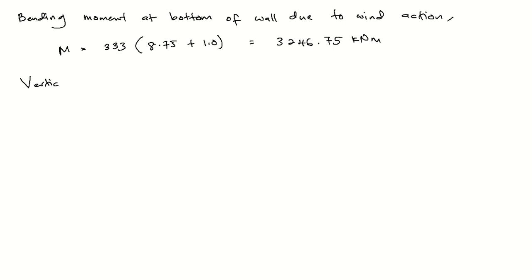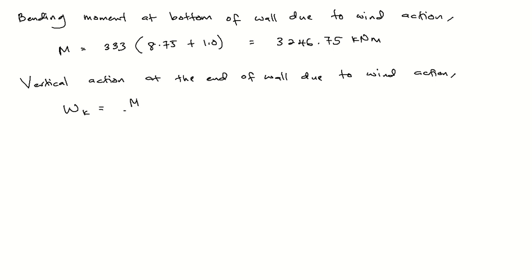So vertical action at the end of wall due to wind action. Okay, so your WK is equals to M over Z, or 6M over BL square.